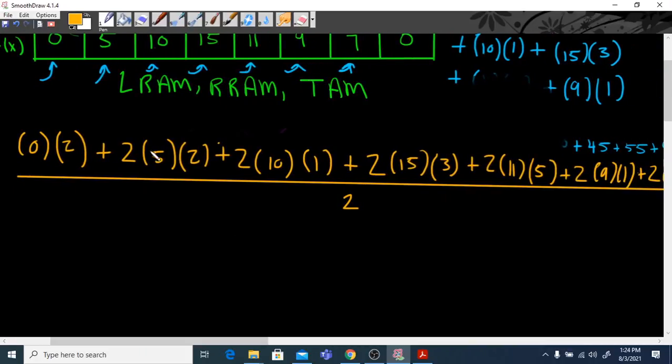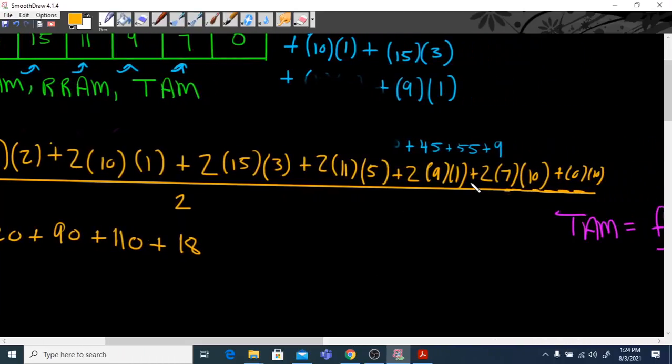So let's see, 2 times 5 times 2, that's like 20, plus 20, plus 15 times 3, that's going to be 45. 45 times 2 is going to be 90, plus 55 times 2, 110, plus 18, plus 140, right? 7 times 10 is 70, 70 times 2 is 140.